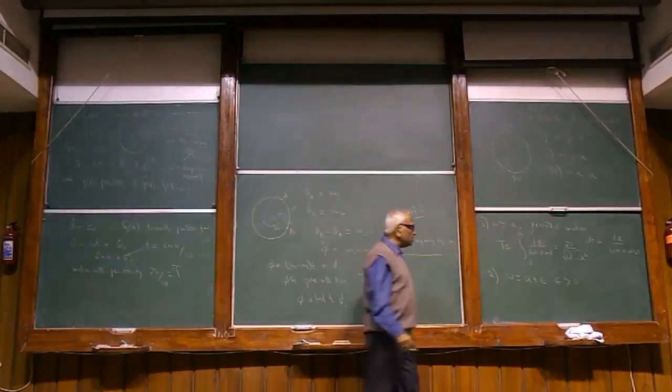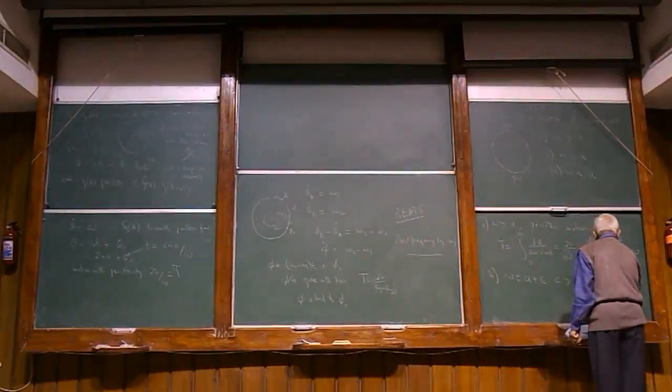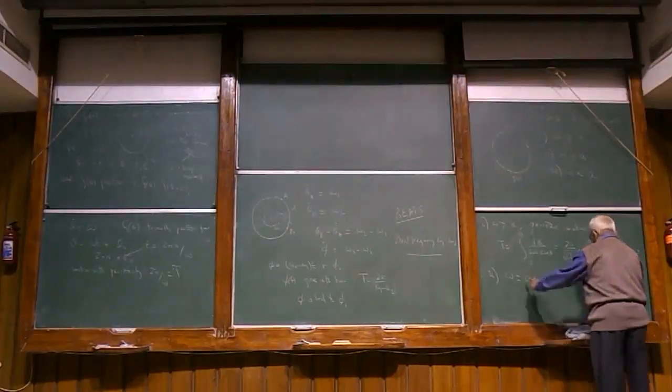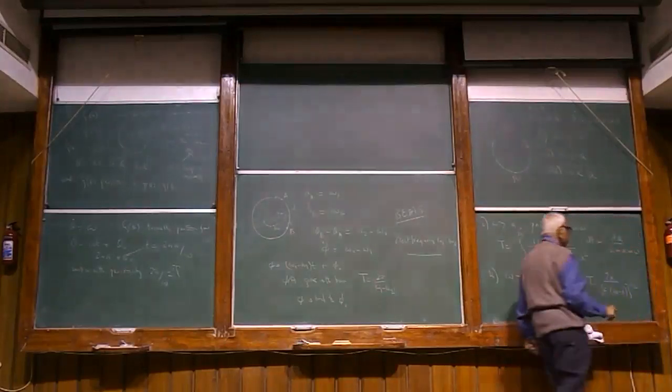And if I look at that time period, it is going to be 2 pi divided by the square root of omega minus a, which is epsilon, into omega plus a, which is 2a plus epsilon, to the power half.